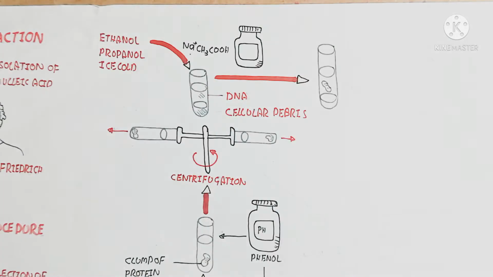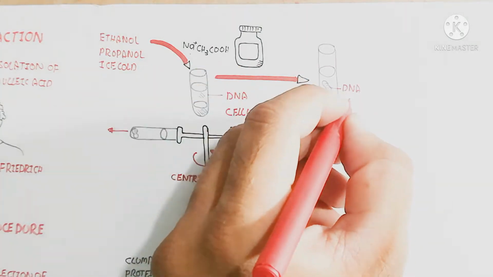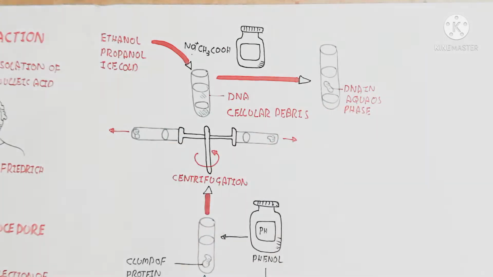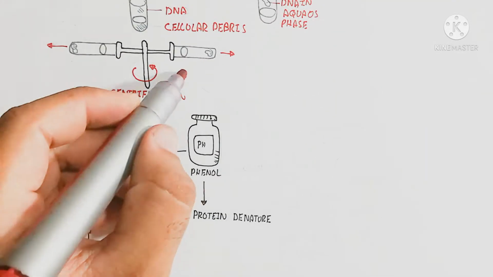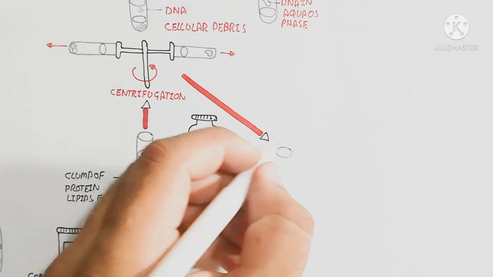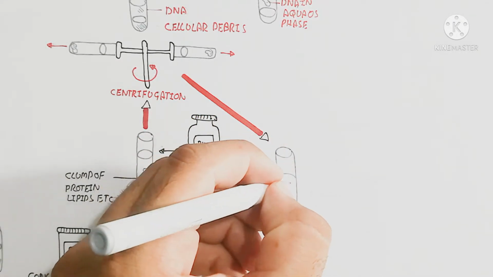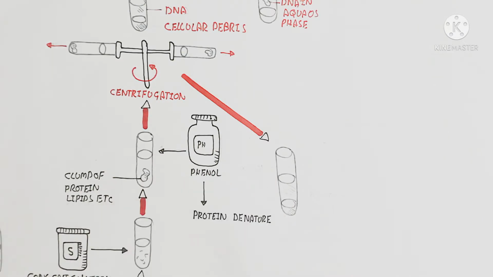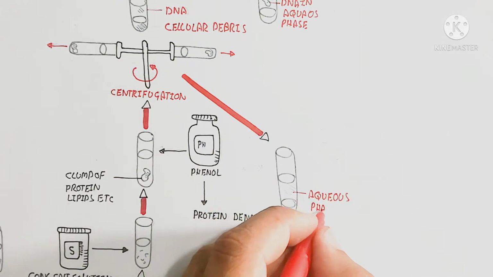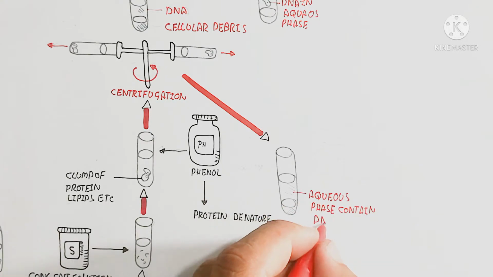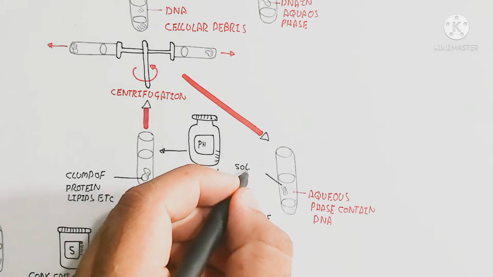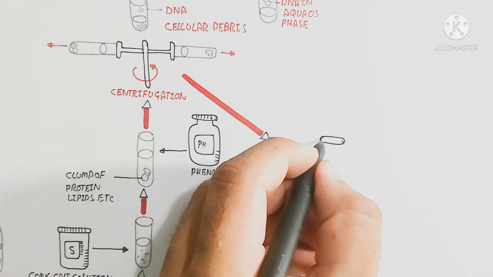After this, the DNA will be separated, and we can take the DNA as a sample, the desirable DNA segments or DNA threads. Another mechanism: the aqueous phase solution containing DNA is introduced to chloroform to remove the phenol.